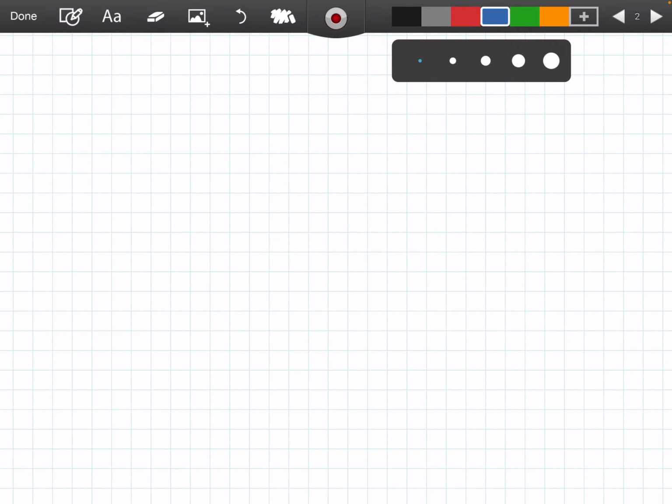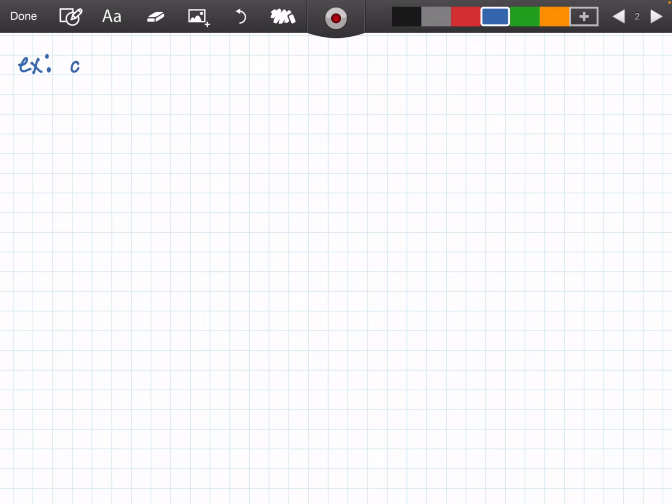Let's do one more example just to make sure you got it. So this time I'm just going to write it like this. Well, here r is -2. And some people might think, oh, well, it's getting smaller and smaller every time.